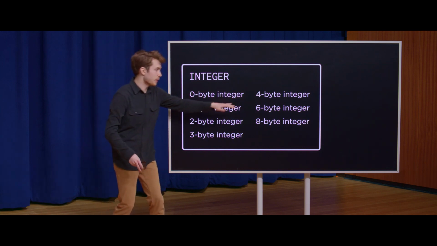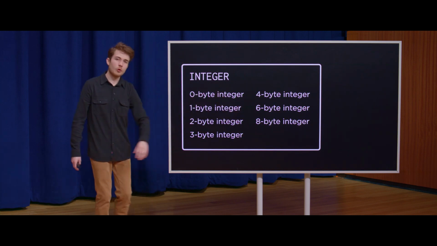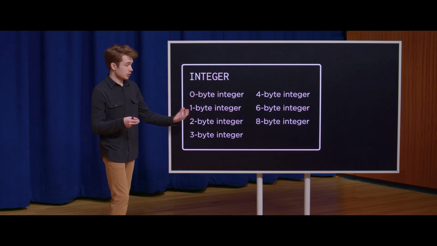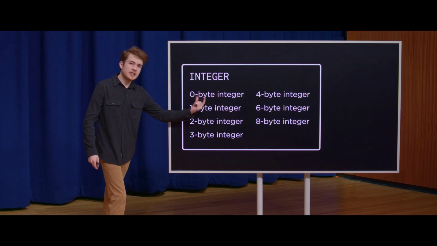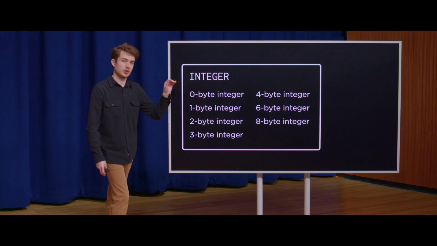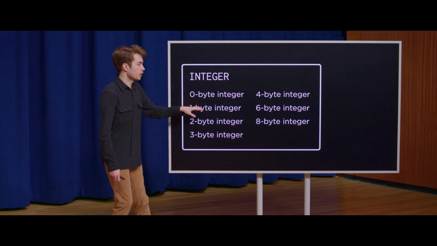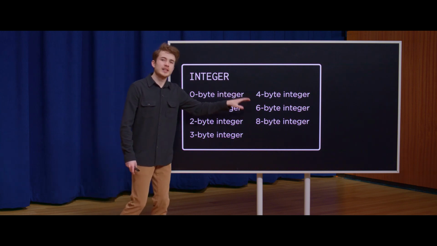We have a 6-byte integer, a 2-byte integer, 8 and 0, and so on. It could be any of these particular types, but each of these types is under the umbrella of this integer storage class. And SQLite itself will take care of making sure it uses the appropriate data type.